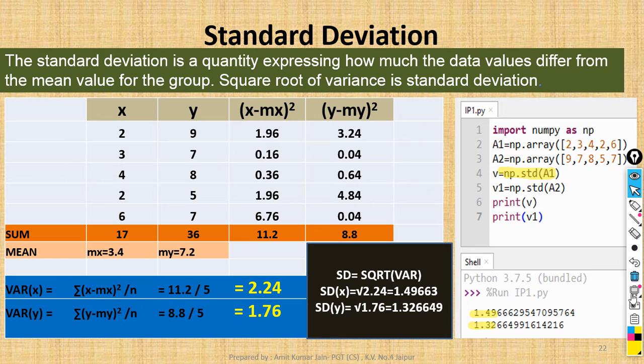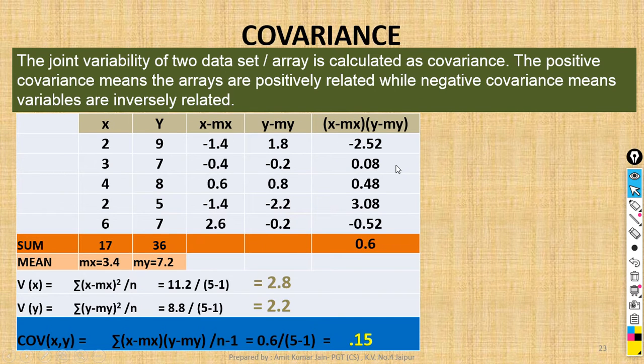Now we will calculate covariance. Covariance is a joint variability of two data sets, or in our programming context, arrays.